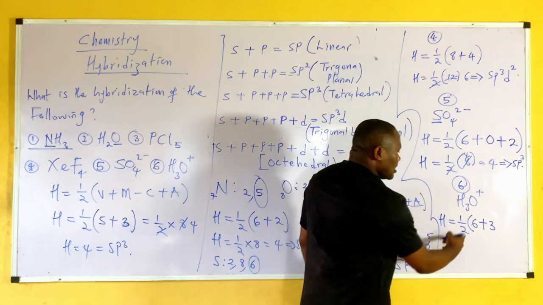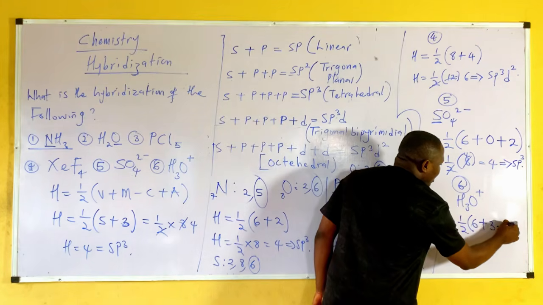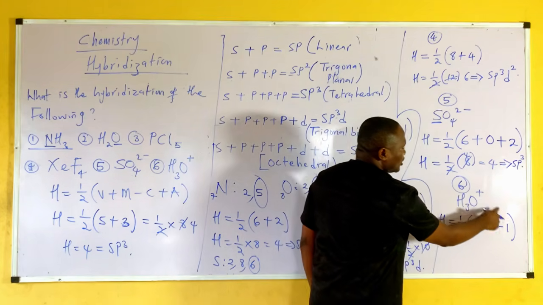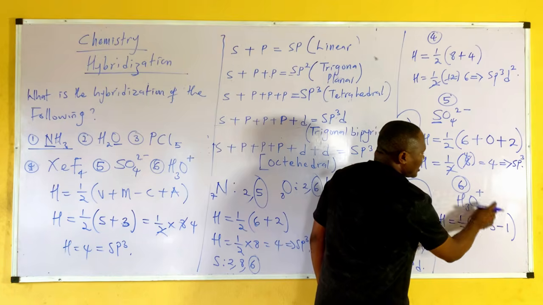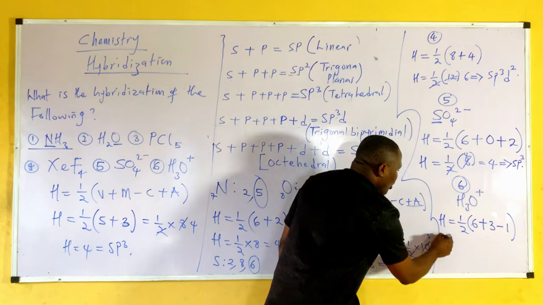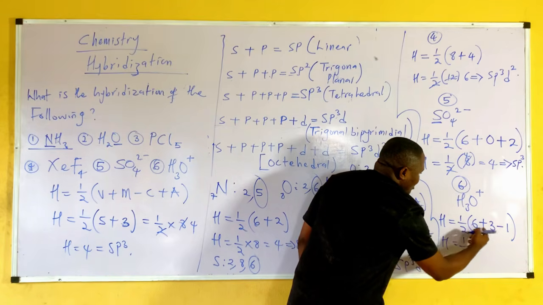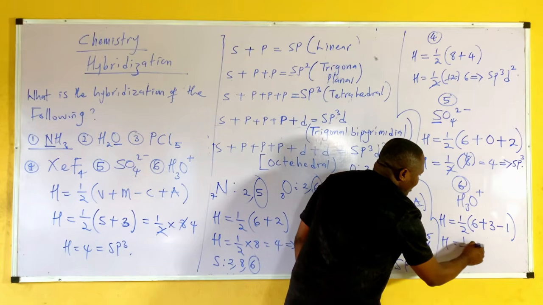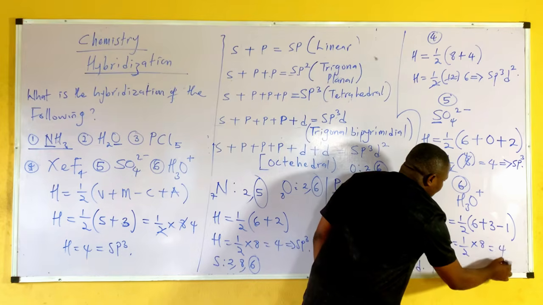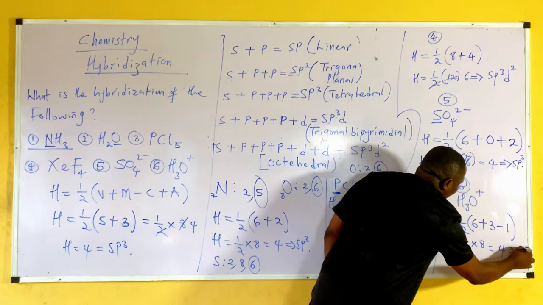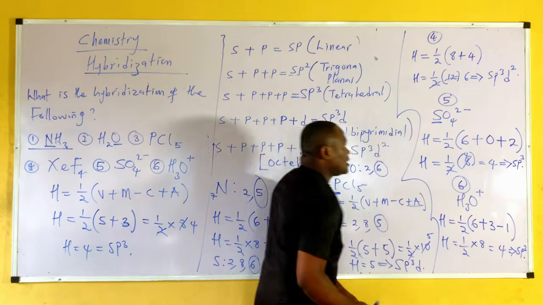So it becomes 6 plus 3 minus 1. The cation is 1, that's why we are subtracting it. There is no anion. So what is H equal to? 1 over 2. 6 plus 3 is 9, minus 1 is 8, times 1 over 2. What's the answer? 4. If it's 4, it is sp3 hybridized.